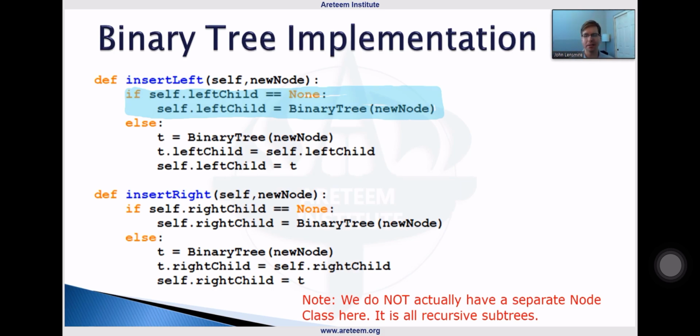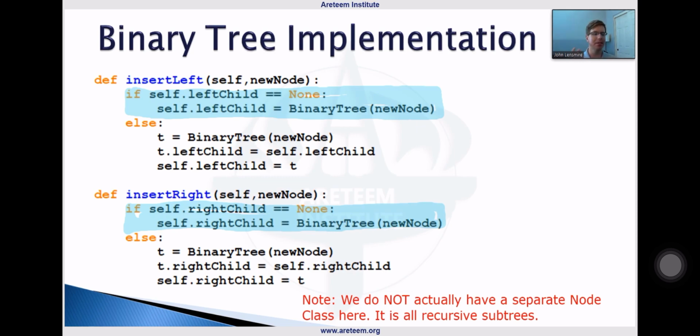If the right side is empty, if we're trying to create a right child and it's empty, we just create a new one. We create that new node and that new binary tree in that case. So always subtrees. This really highlights the recursive nature. Every single time we're creating a new binary tree as this child.